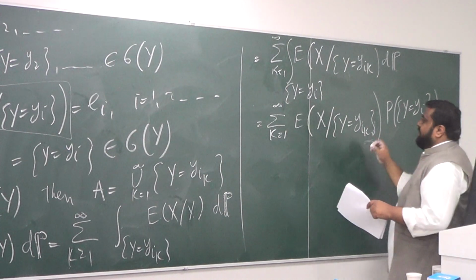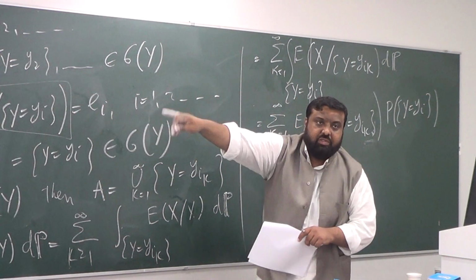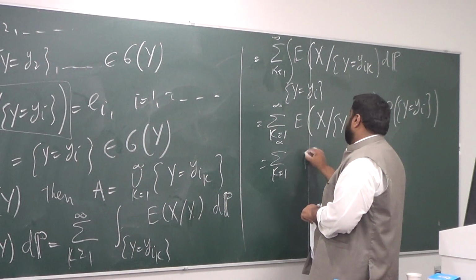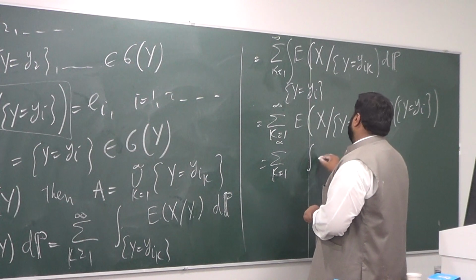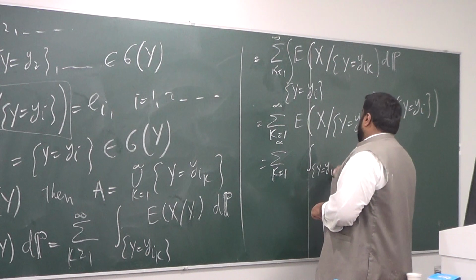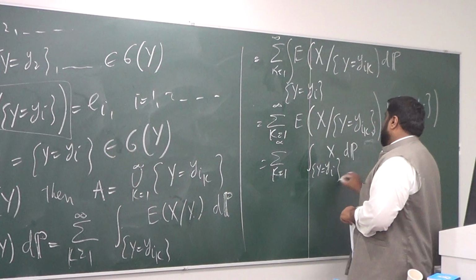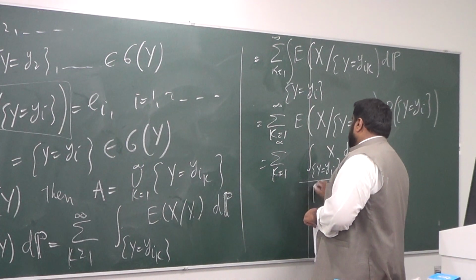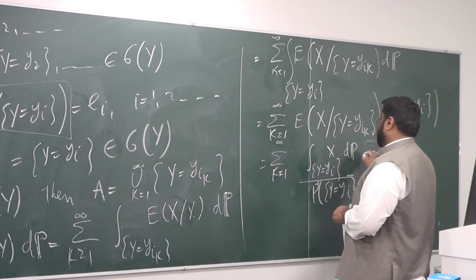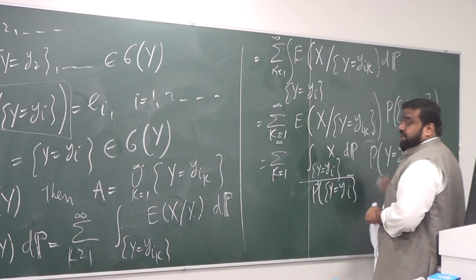And how can I compute this? It's just a repetition of the previous argument. This would be equal to the integral over y equal to yi of x with respect to dp, all divided by the probability of y equal to yi, multiplied by the probability of y equal to yi.